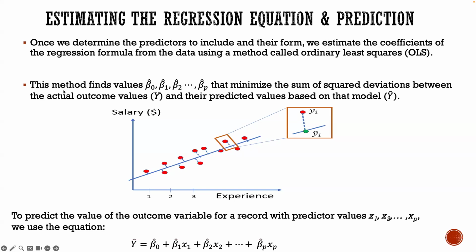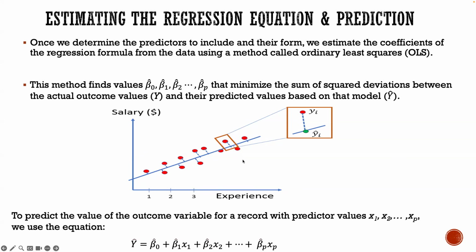Essentially, the goal of any linear regression is to look at all the data points that are there in the data set. This is a very simple example. It's not multiple linear, it's just one variable, experience and salary, right? If it's multiple variables, it'll be a hyperplane rather than a simple XY axis here.